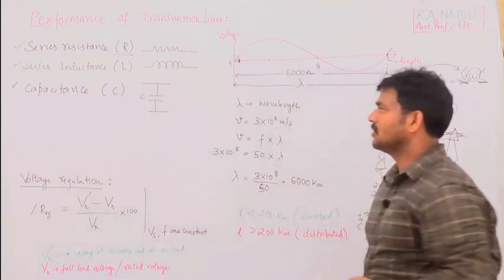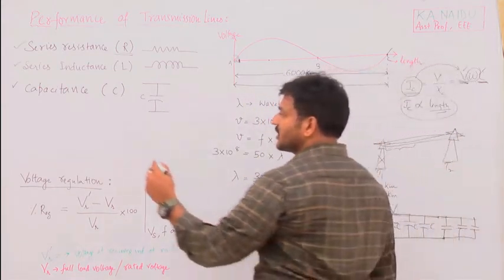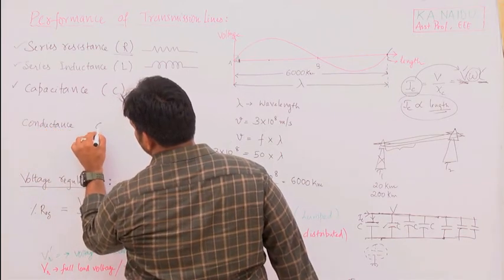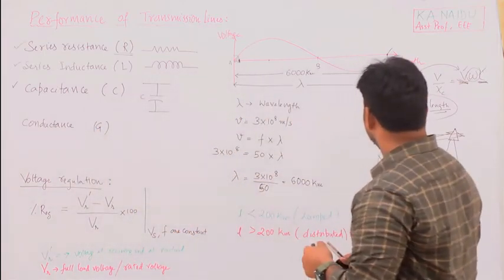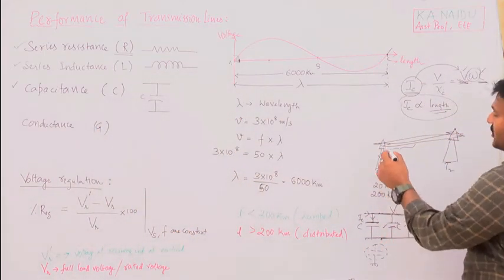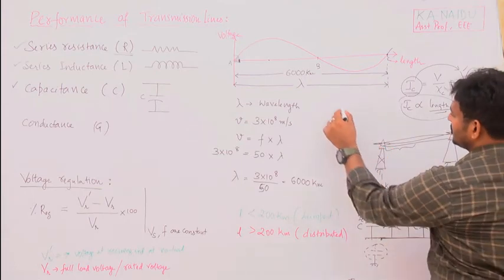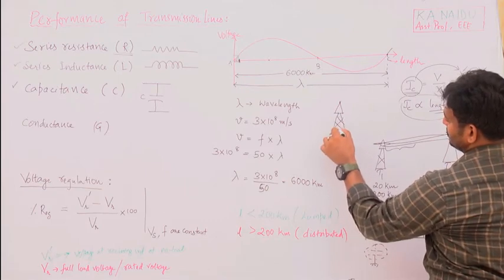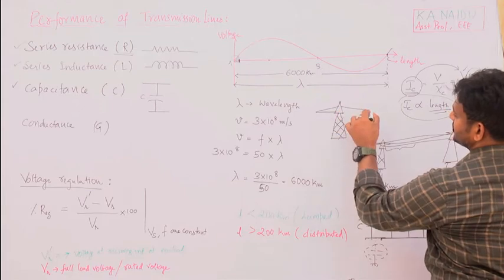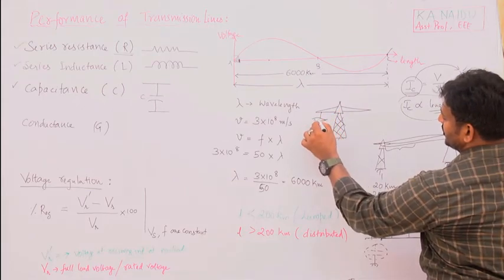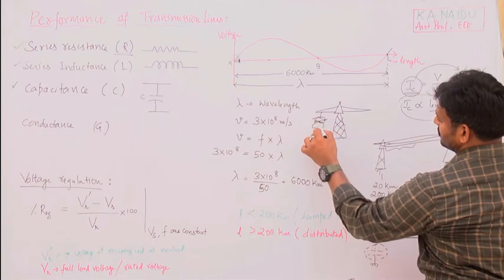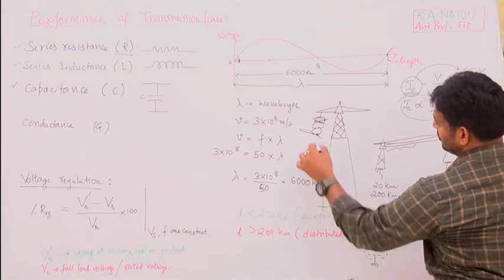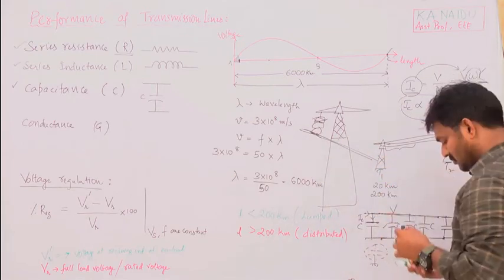There is one more parameter called conductance, G. So how does conductance come in the transmission line? Here we have seen these transmission towers, these are the cross arms, and you have insulators here like this, and to these insulators there is a high voltage line which is connected like this.